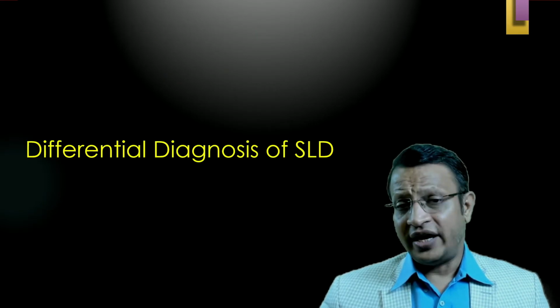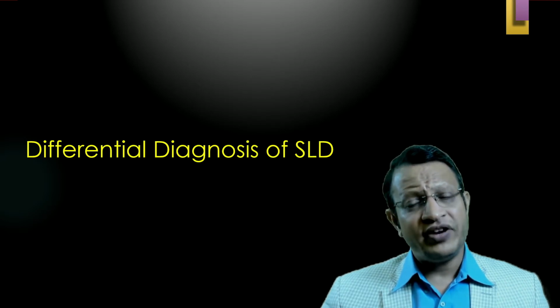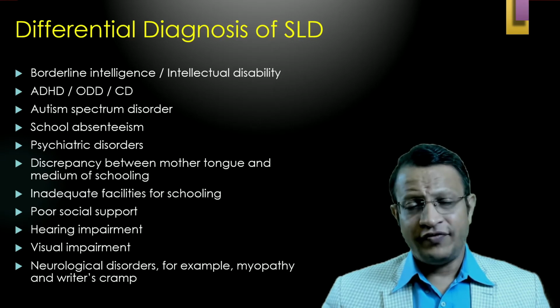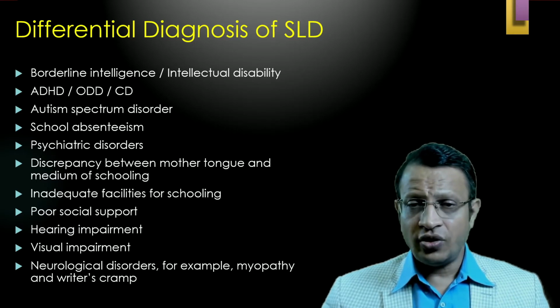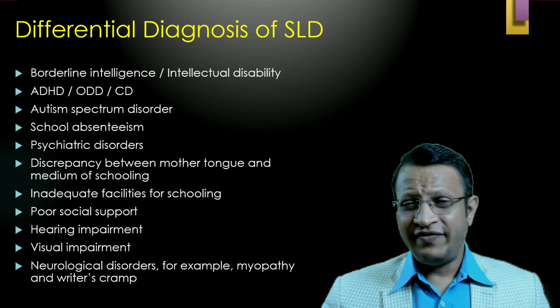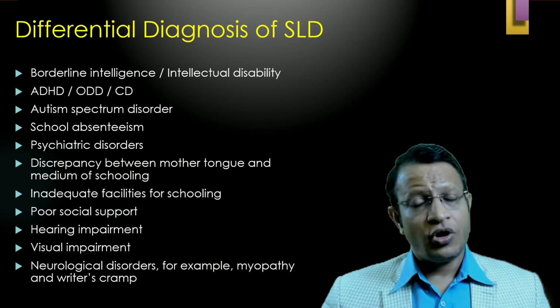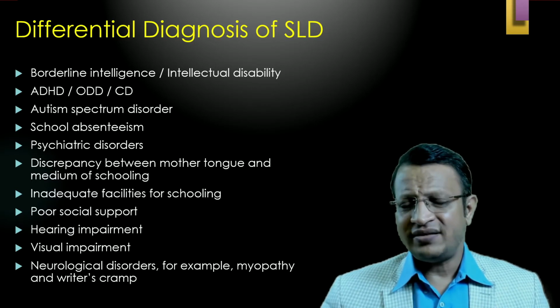Now, after understanding DSM-5 and ICD-11, let's understand what are the differential diagnoses for specific learning disorder. First and foremost, borderline intelligence or intellectual disability, that is mental retardation, attention deficit hyperactivity disorder, oppositional defiant disorder, conduct disorder, autism or autism spectrum disorder, school absenteeism because of various reasons.